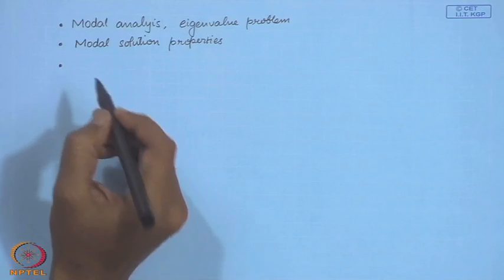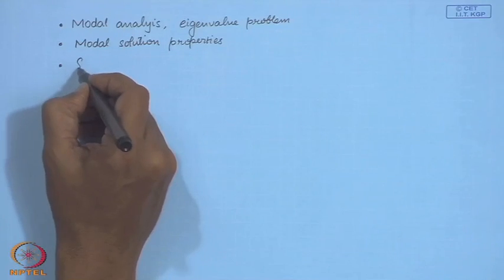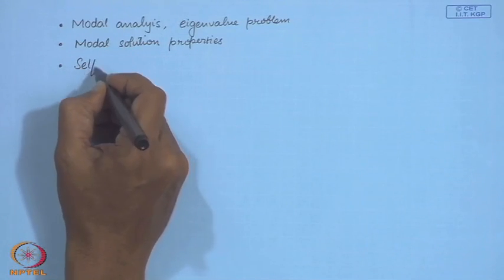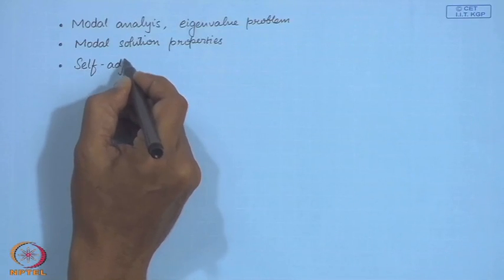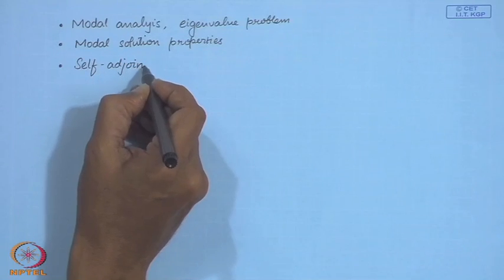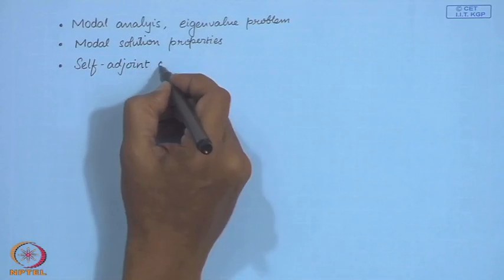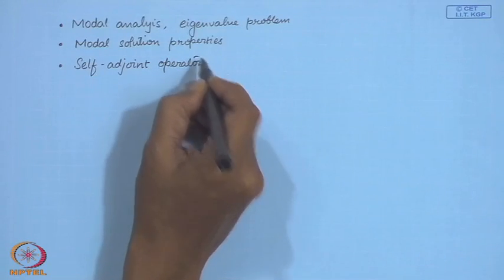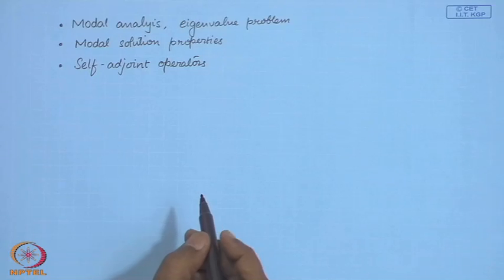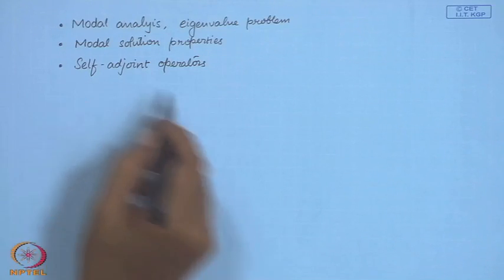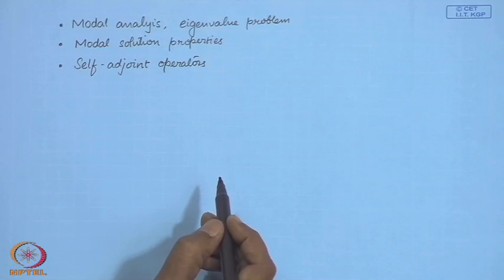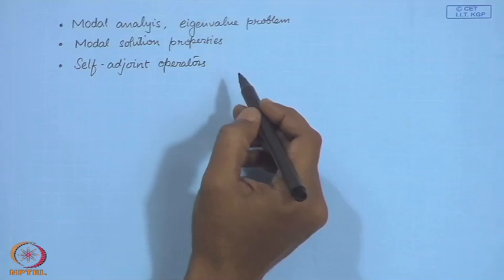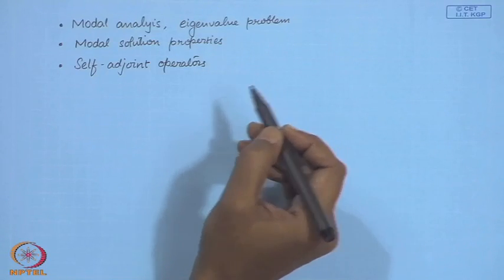Then we discussed self adjoint operators and the consequence of the stiffness operator being self adjoint. These are real eigenvalues and real eigenfunctions.